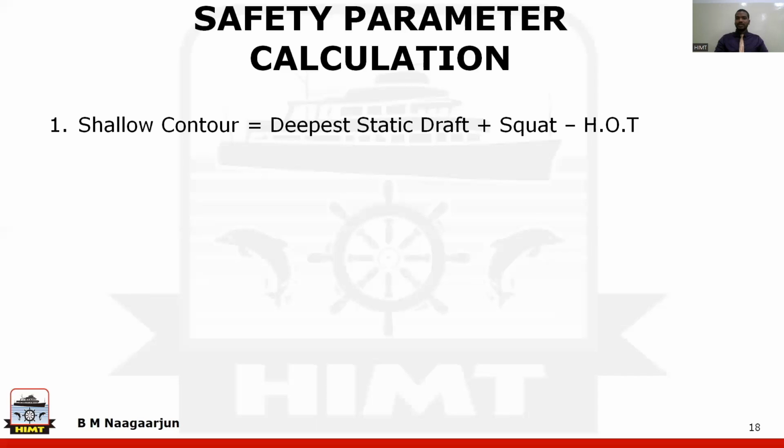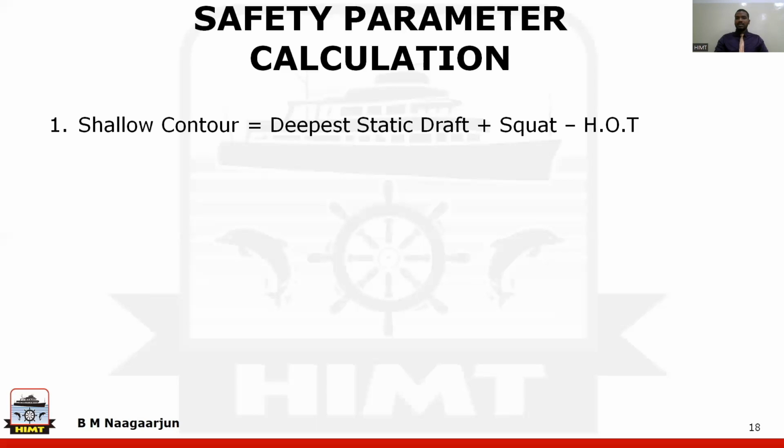So that will be the deepest static draft plus squat, the anticipated squat for the ship's speed, also taking into account the room available, whether it is open sea or confined waters. Based upon the speed, we'll have a look at the squat table and take this value.